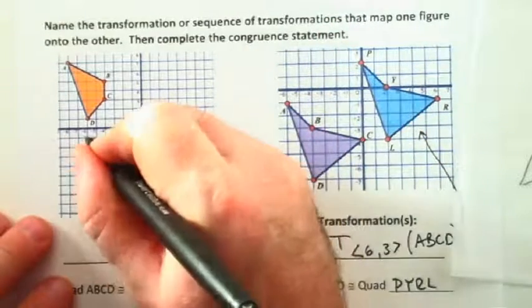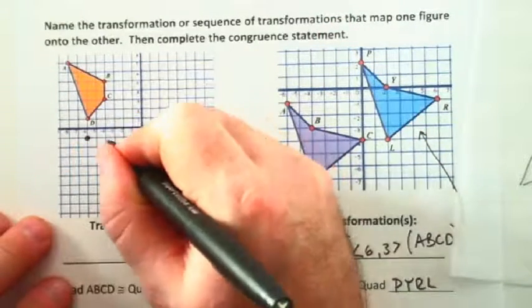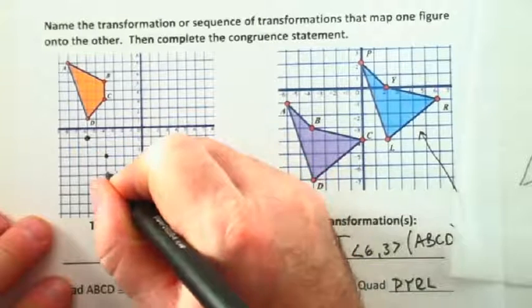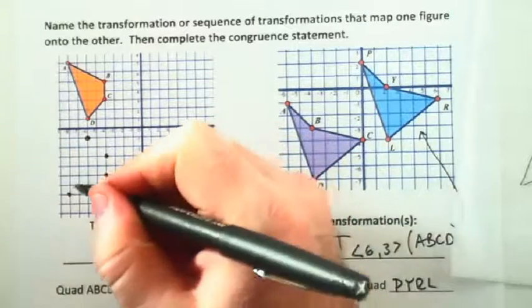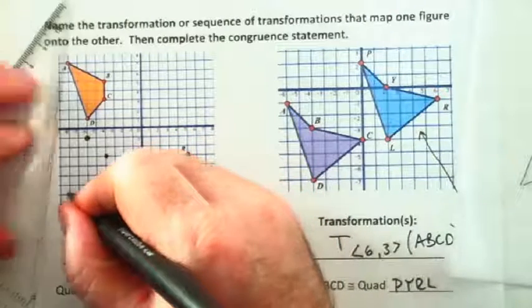So if we reflect first, we would get something that looks like this. Let me map it out. Okay, the first reflection would get us here.